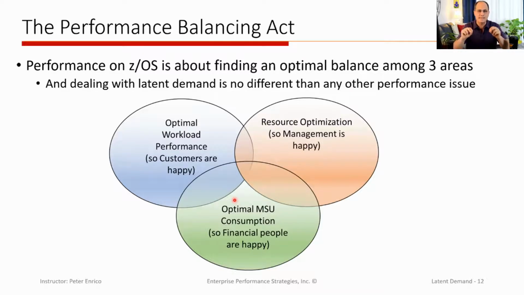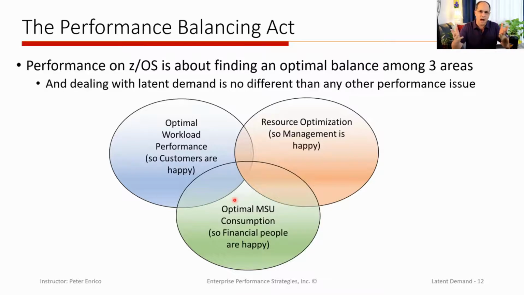The point is that when we want to tune our workloads, when we want to optimize our resources, when we want to maybe cap or whatever it is to control our MSU usage, a lot of times there's going to be a give and take. Each one of these responsibilities that I list on this particular slide has a cost, and the cost is typically to one of the other responsibilities.